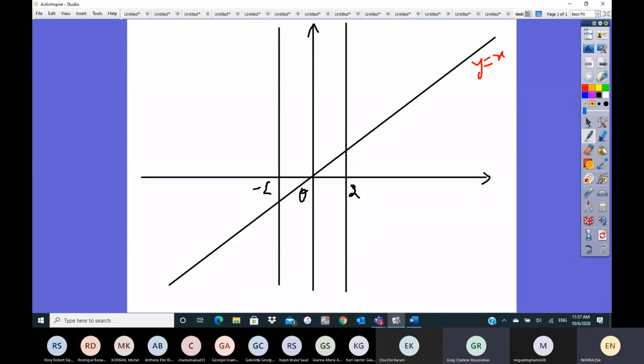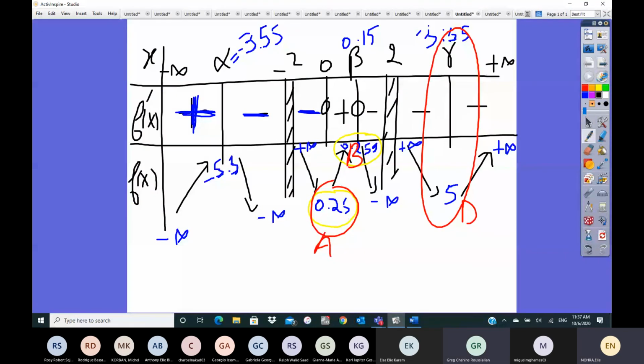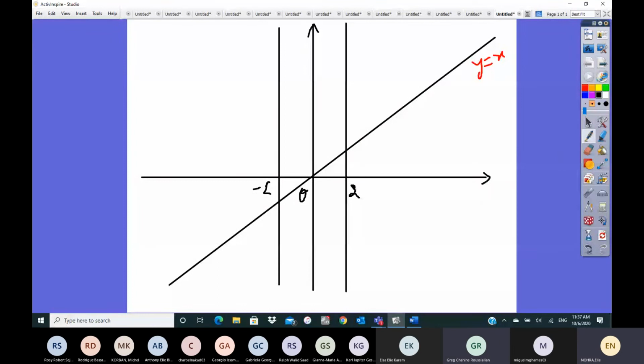Second step, Greg, didn't we say we plot the points of the table of variations? Exactly. So the first point is minus 3.55, minus 5.3, right? Yes. It's somewhere over here. This is the point.